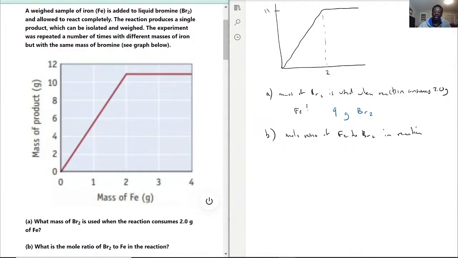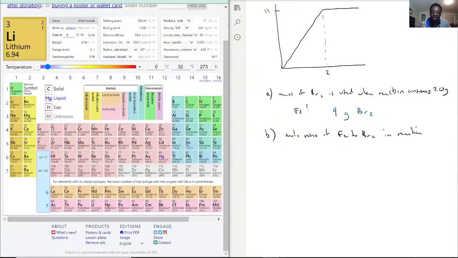With that being said, just as a double check in terms of the moles, we need to convert the iron first from mass to moles. Iron has a molar mass of 55.845 grams per mole. We start out with 2 grams.